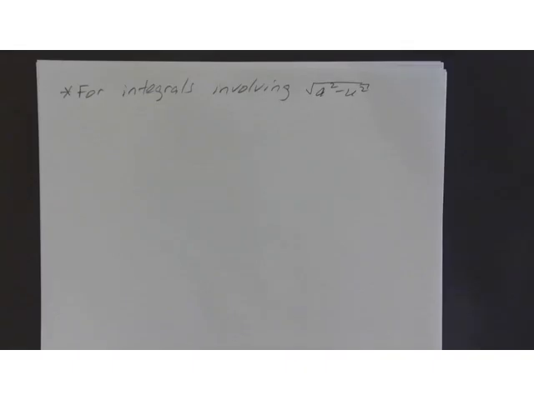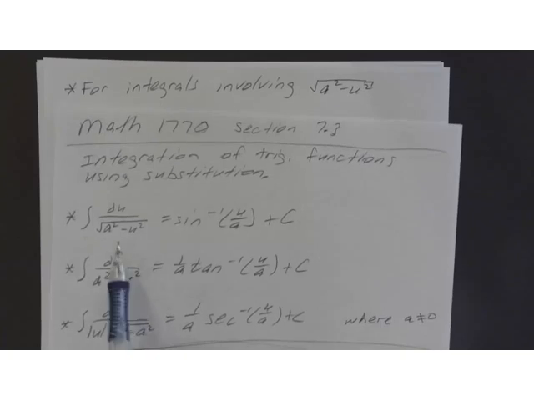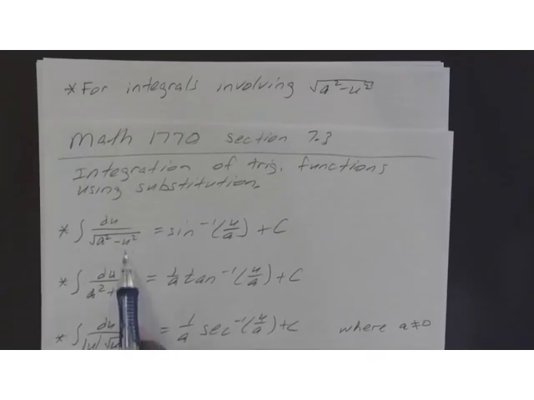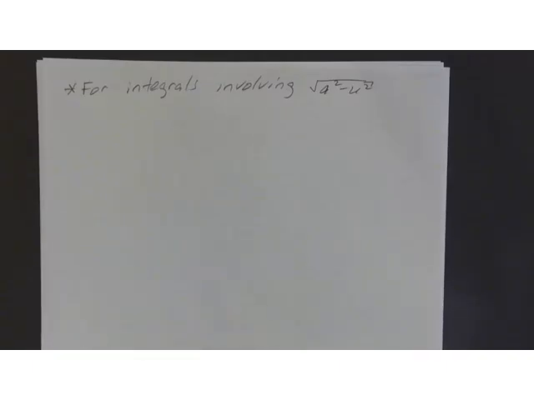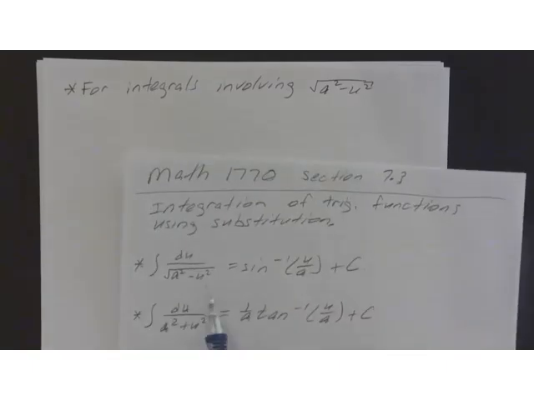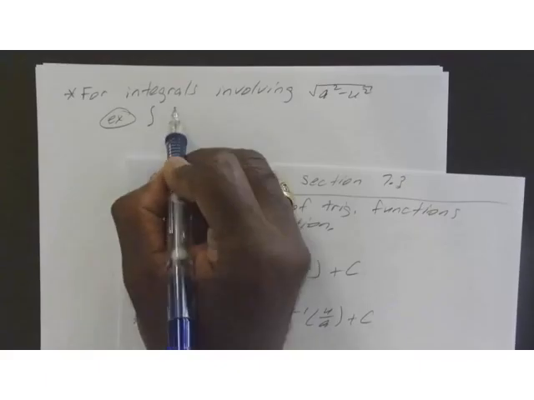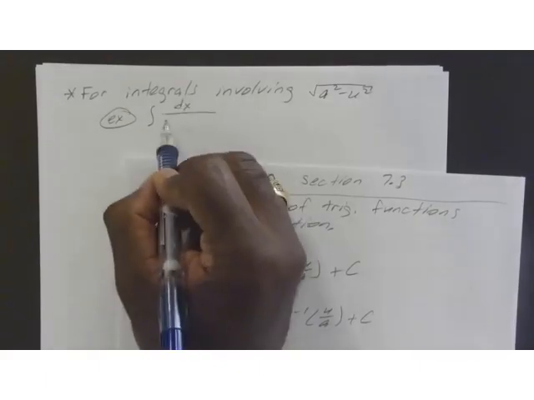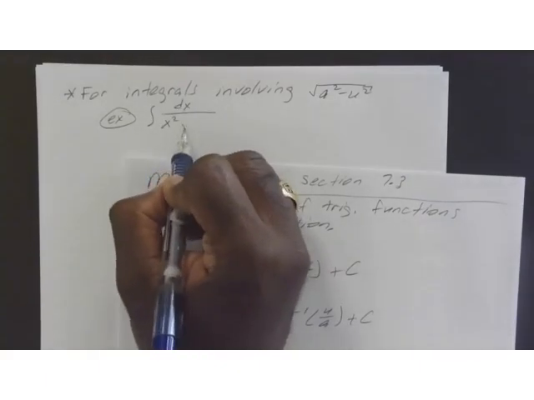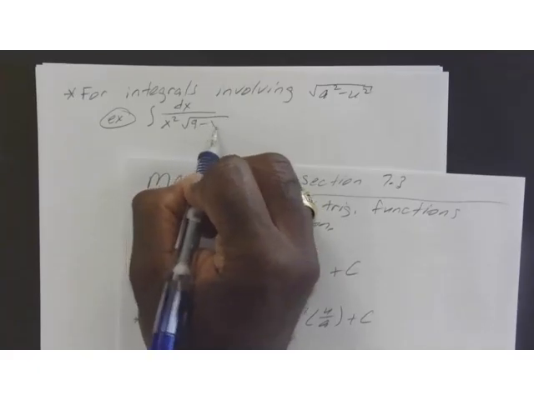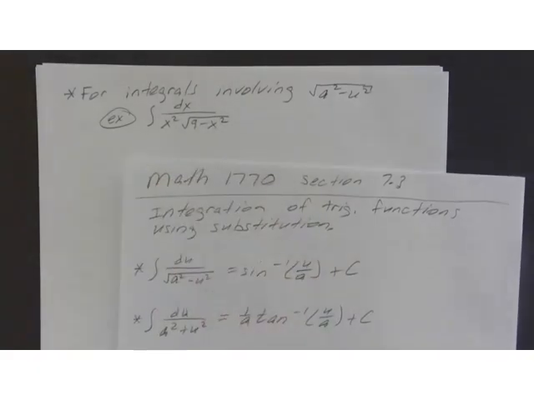Okay. So it involves it, but it doesn't have it in the form that we're looking for. So let's say, for example, just using that as kind of a template, what if you have the integral of dx divided by x squared times the square root of 9 minus x squared?